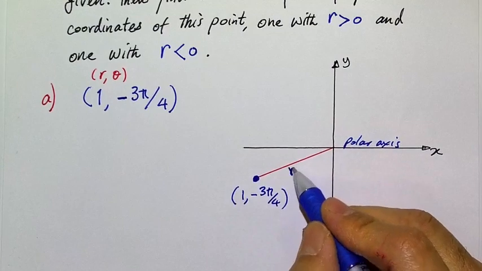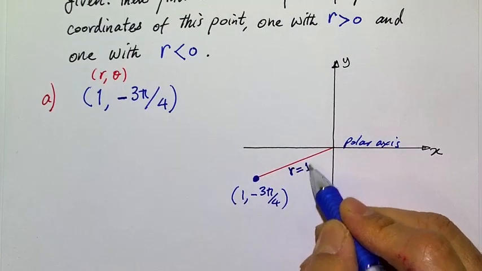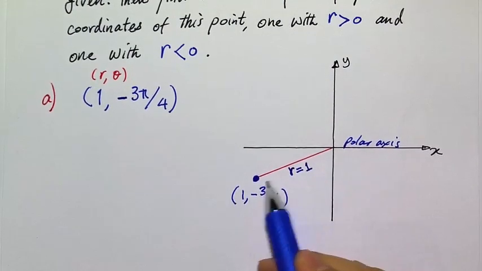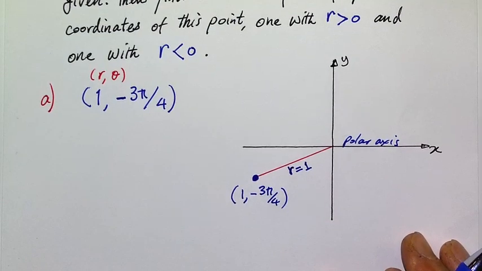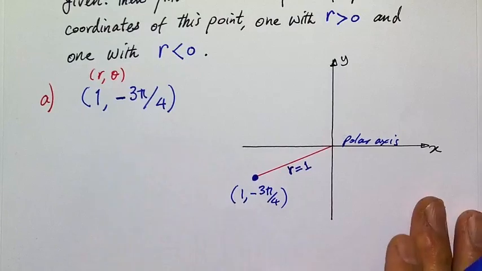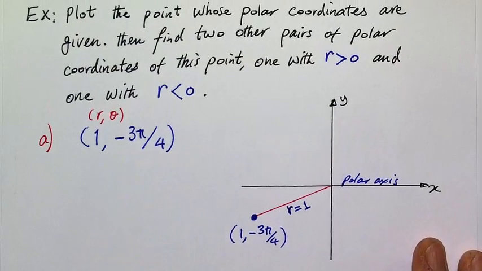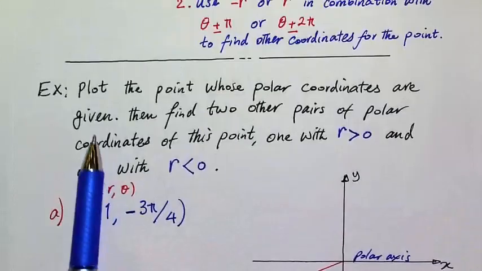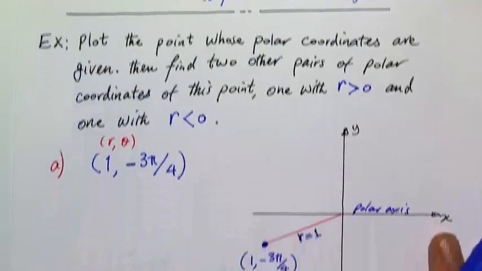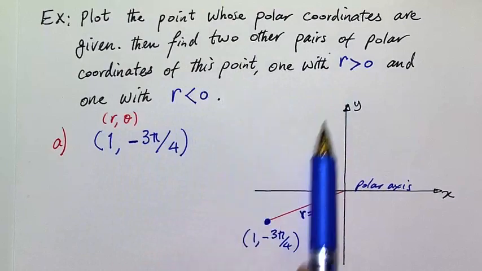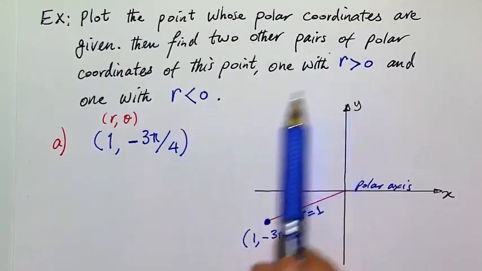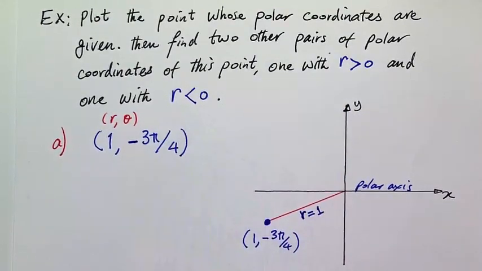Supposing that r equals 1, that distance from the pole to that point is just 1 whatever unit. Okay, so this is what we have. First we plotted it, which is what they asked us to do. And now we need to find two other pairs of polar coordinates of this point, one with r positive and one with r negative.